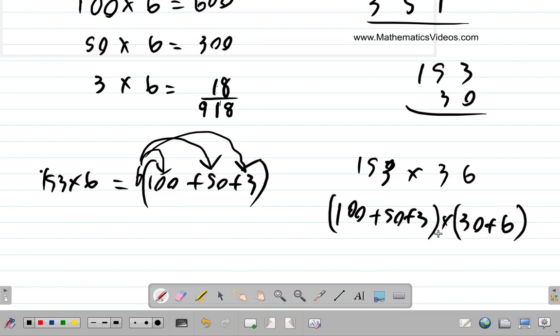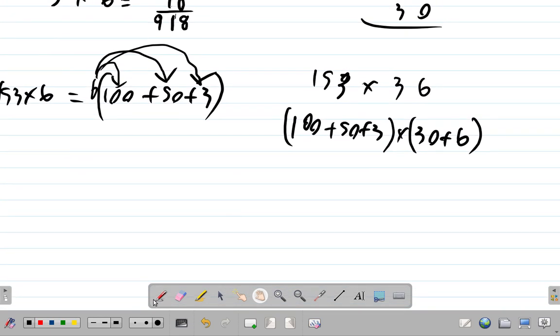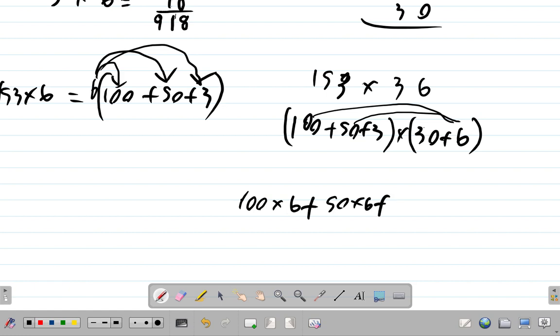So what you are really doing is this. Let us deal with the 6 first. You say 100 by 6, plus 50 by 6, plus 3 by 6. Same thing like what you do up here. So these are really 6 multiplied by 100 plus 50 plus 3.